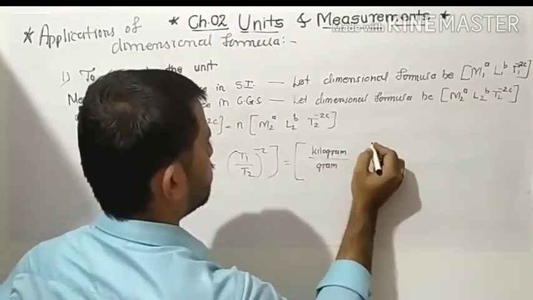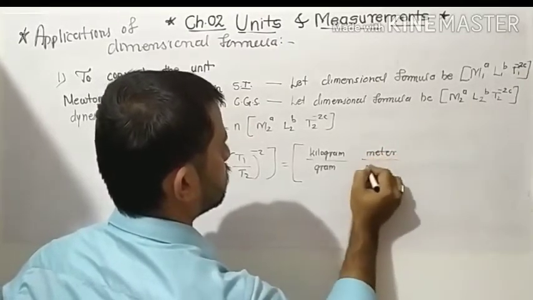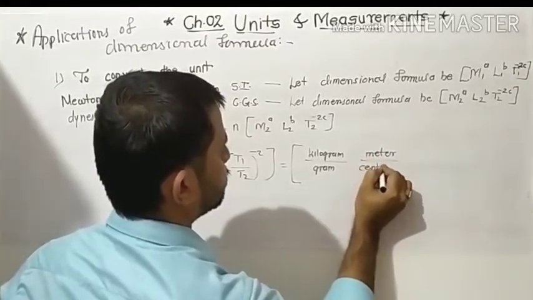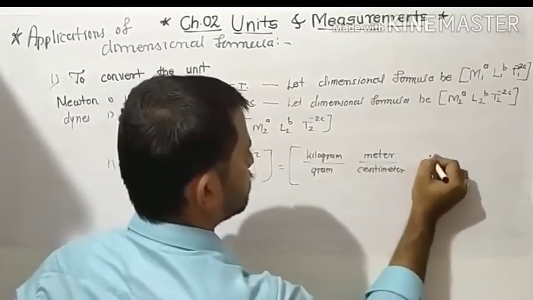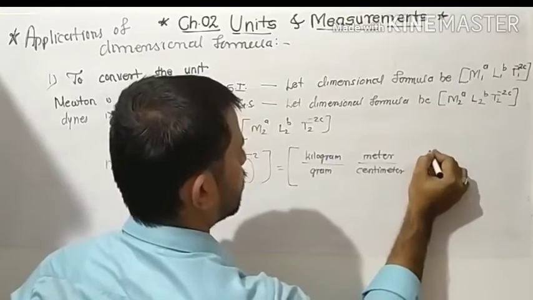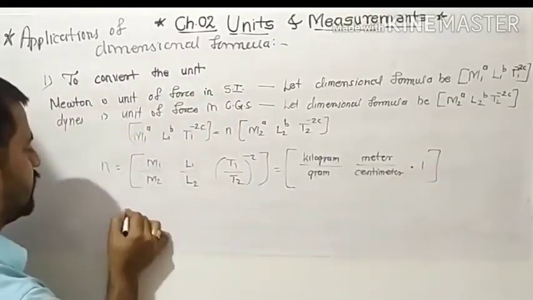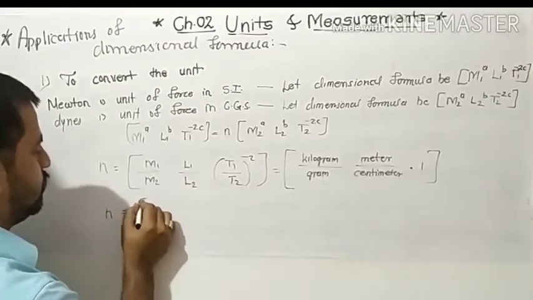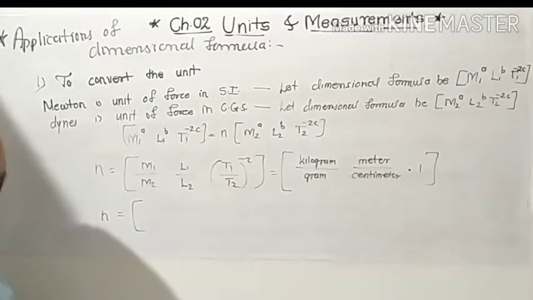Then length is meter upon centimeter, and time is in the second, so here it will become 1. This value becomes 1, so we can write it as n1. N is equal to, we have to convert this kilogram into the gram. So how many gram is equal to 1 kilogram?